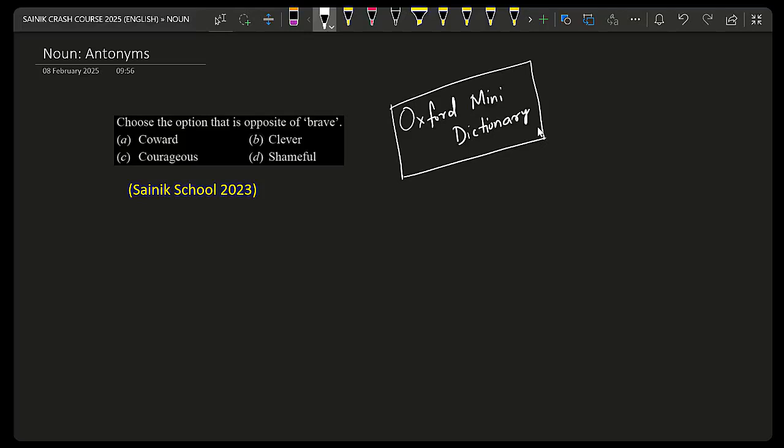Knowing the meanings of new words can increase your vocabulary and get your marks improved. It's available in most of the bookstores. You can make a note of this book name. It is very easy to carry, very small size.